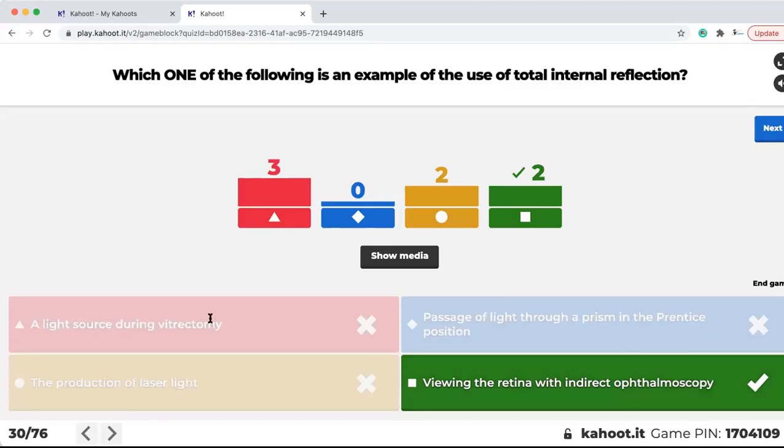So I just want to ask why those who chose a light source during vitrectomy are not convinced by viewing the retina with the indirect ophthalmoscope, and those who answered viewing the retina with the indirect ophthalmoscope, did you read anything saying that the light source during vitrectomy is not correct? Because in my opinion, both answers are right.